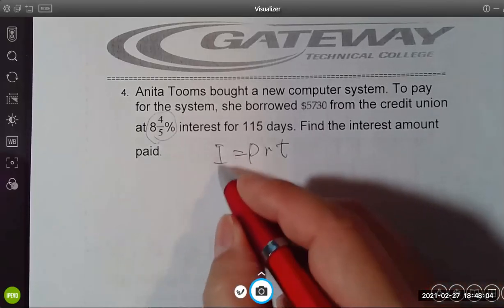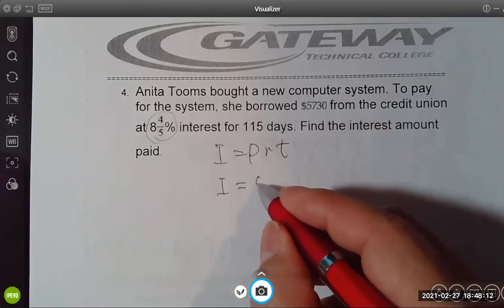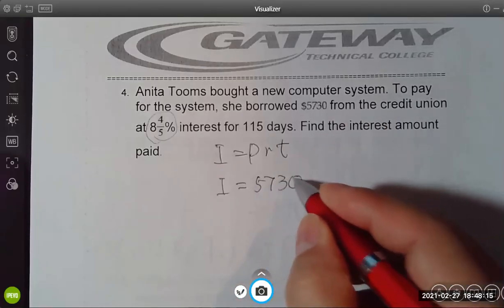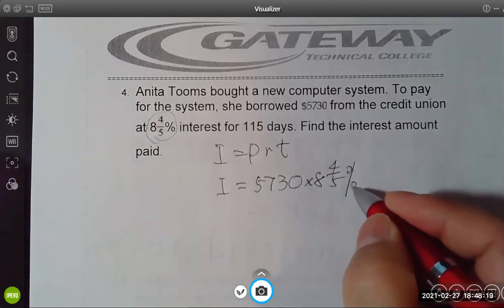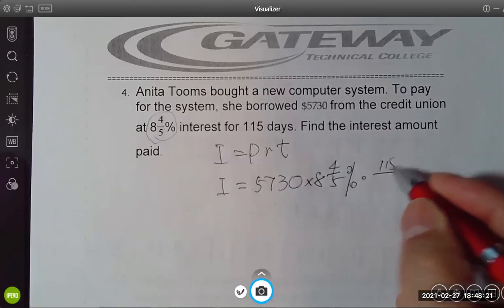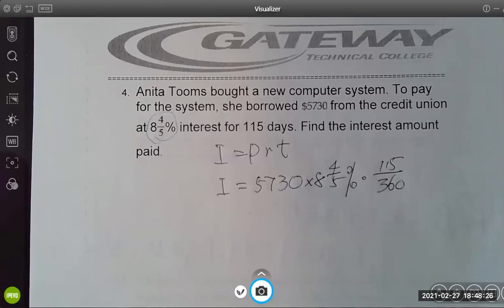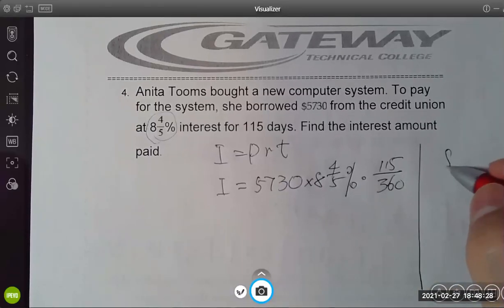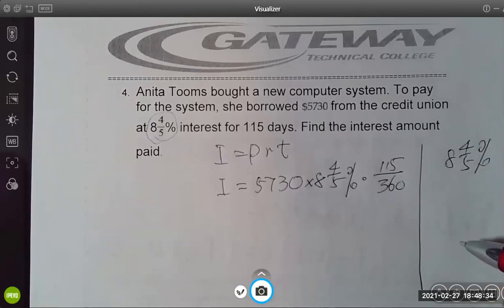Okay, now we're looking for I. Principal is, oh, here it is. 5,730 times 8 and 4/5% times 115 days over 360. Now let's look at this separately so that you pay attention to that. 8 and 4/5, this is smaller than 9 for sure. So this whole thing has to be smaller than 9% to make sense.